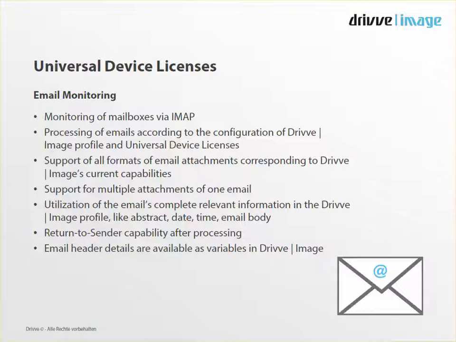We support all formats of email attachments corresponding to what formats Drive image supports for processing, also multiple attachments, and we can also use information that comes from the email directly, like name, date, or email body, so email text. There's also a return to sender capability, so that means after processing we can send the processed file to the sender. A lot of people asked for this as well.